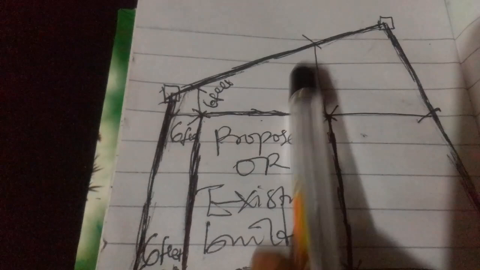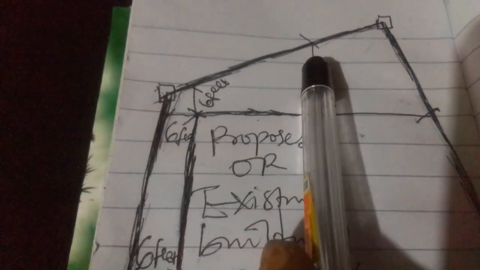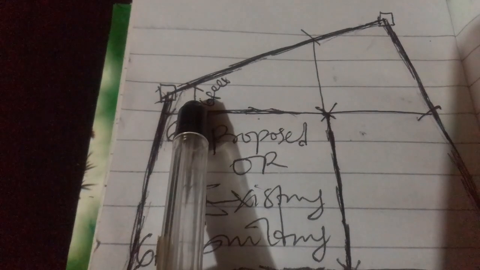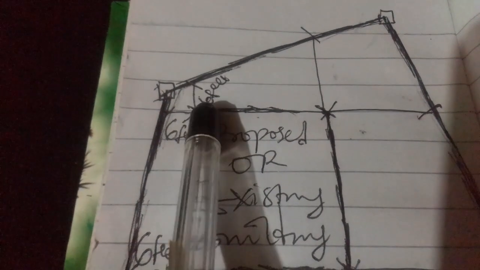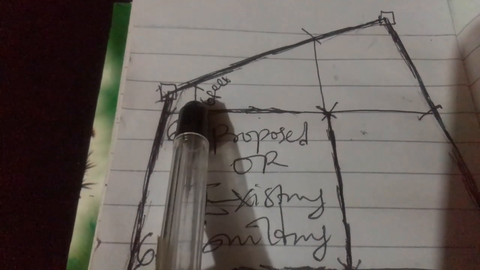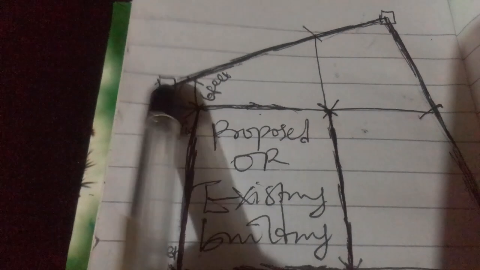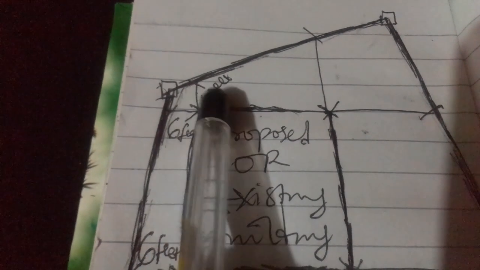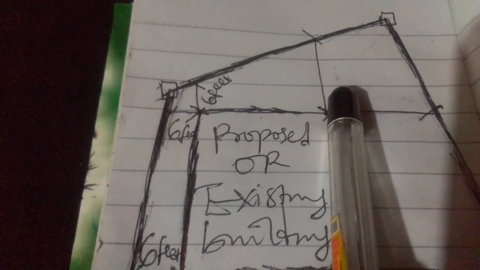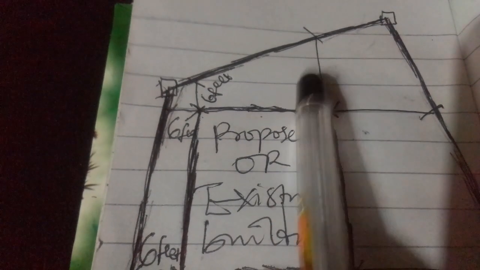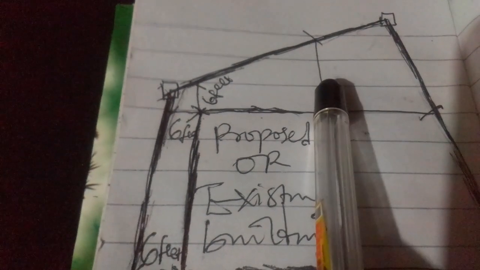So if there is an increase in measurement, it's okay, it's fine, as long as this other point that is less should not be less than 6 feet. So it can happen in reverse. Maybe for example, this place will be more, will be higher, then here will be lower. Then if this place is lower, it means that this place should be 6 feet, should not be less than 6 feet.